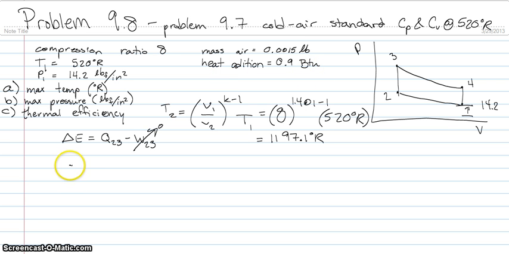So we can plug in the mass times the change in energy here equals 0.9 BTU. We also know that the heat in is equal to mass times the specific heat times the change in temperature.